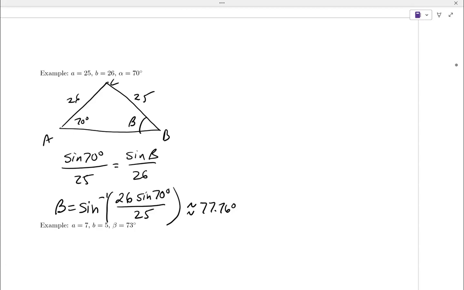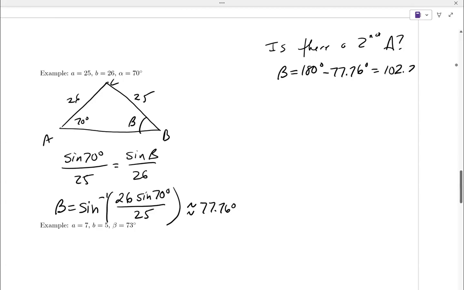Here's how you check. Before you do anything else, I would always check: is there a second triangle? Find the supplement first. What would we get here? 102.24-ish, roughly, if I did that subtraction correctly.